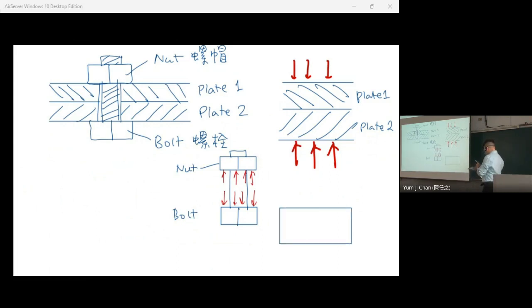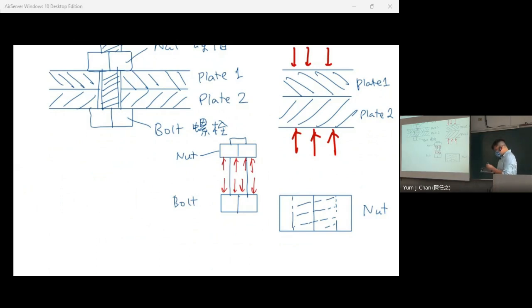This is the nut, and of course inside the nut we have threads, right? We have screw threads here.